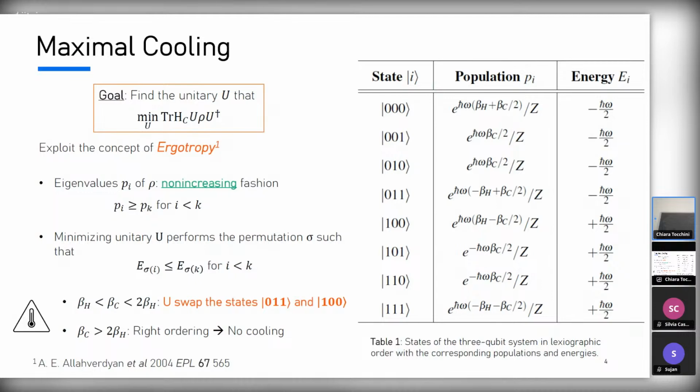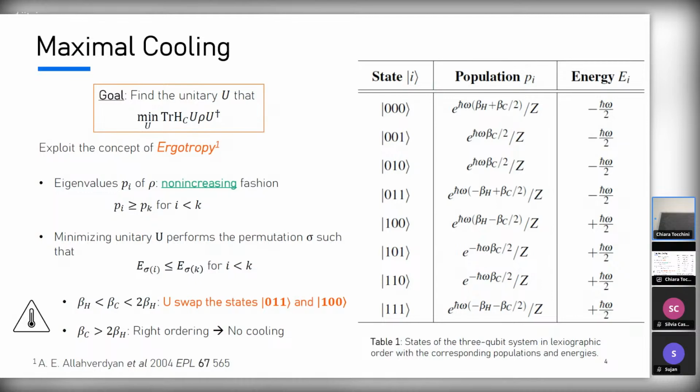And so the unitary is a permutation that maps, in our case, the half of the states that have the lowest energy with the half of the states that have the highest population. So we order the eigenvalues of the rho in a non-increasing fashion.